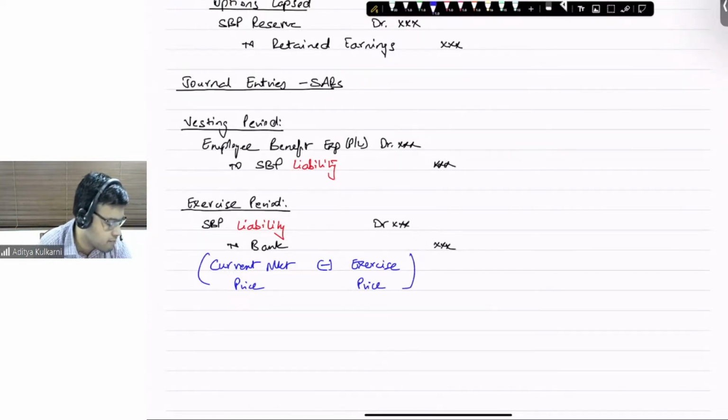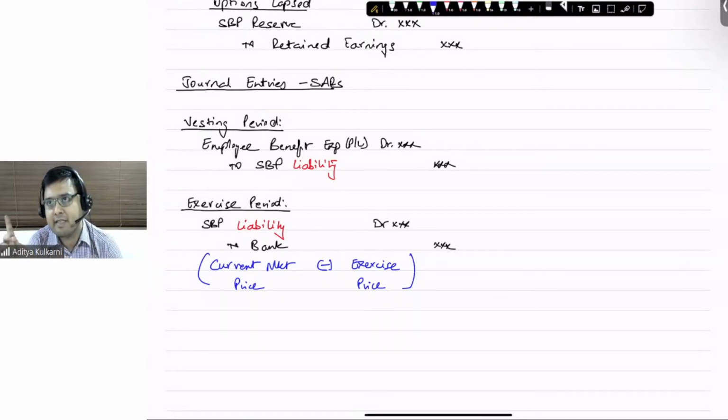What is important to understand is that when these stock appreciation rights are going to be settled, the employee comes to you with that appreciation right and says, look, you have given me a paper saying the company will pay the employee the differential between the exercise price and the market price.